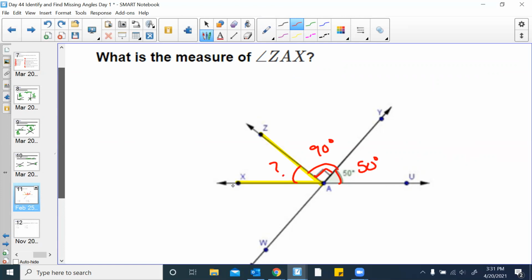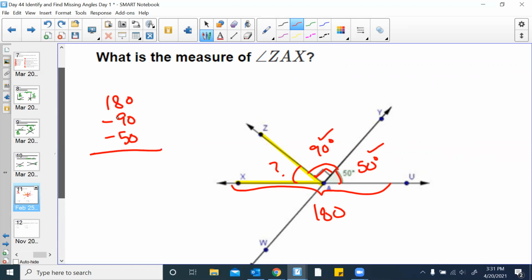Well, we know that this whole line is 180. So we can have 180 minus 90, check it off, minus 50, check it off. 18 minus 9 is 9, 9 minus 5 is 4, so it would be 40 degrees. So this angle would actually be 40 degrees.